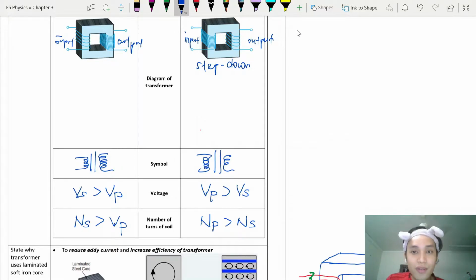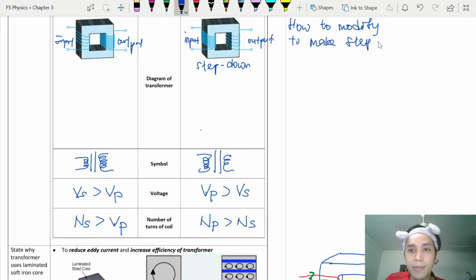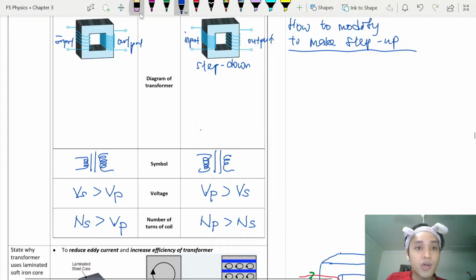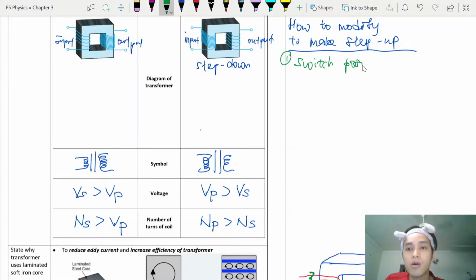So how to modify? Let me show you an example. How do I modify it to make it into a step up? This one initially is a step down. The first thing I can do is switch the position of your input and output, meaning you swap the two.